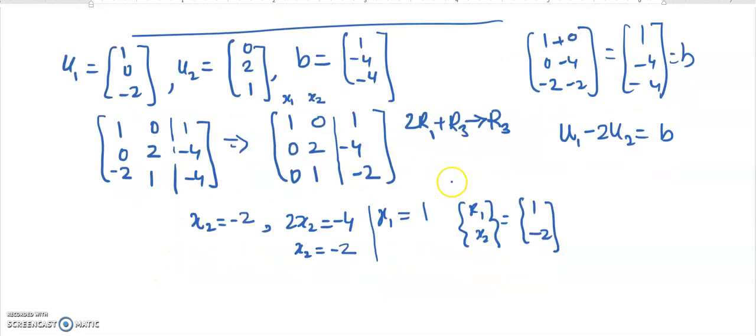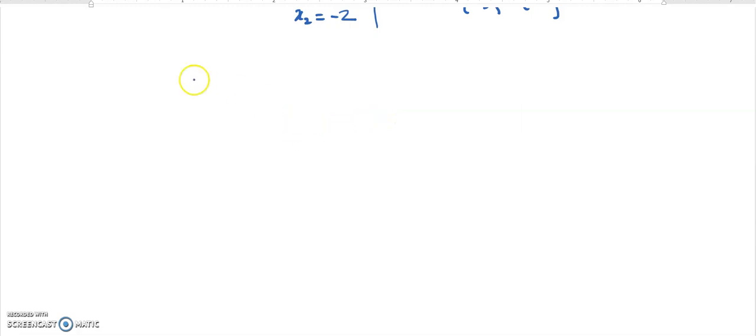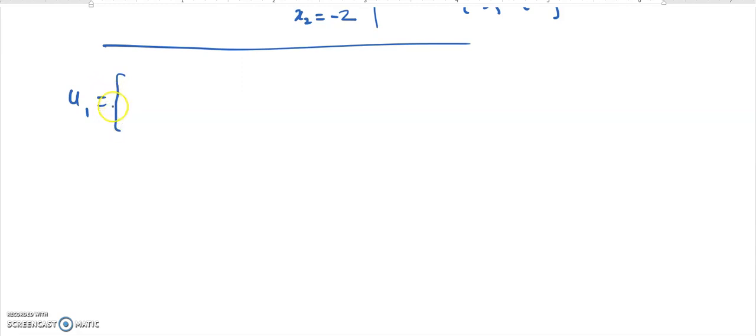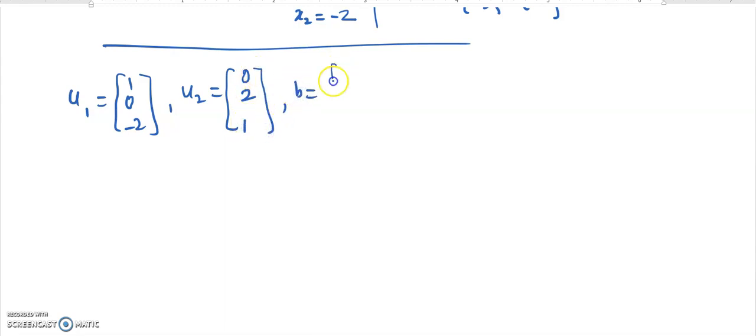Okay, next, same thing which we want to check: if U1 is 1 0 minus 2, U2 is 0 2 1, and then B is equal to 4 minus 1 4.